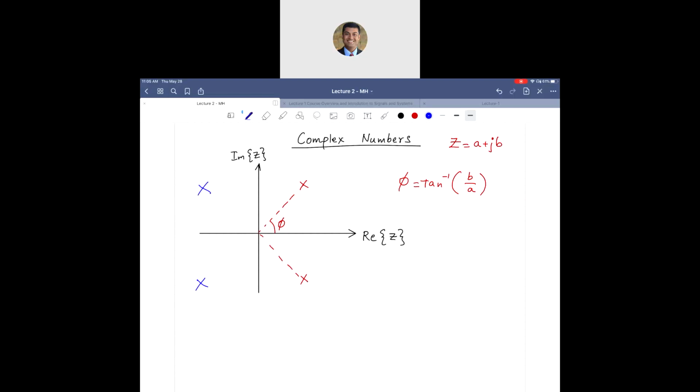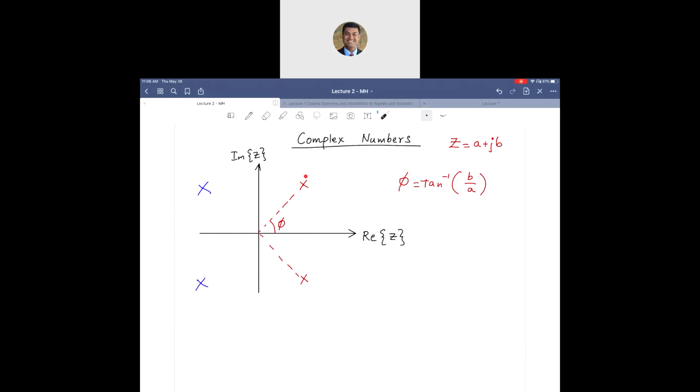I hope you see that both b and a can be positive or negative, which means if one of them is negative or both of them are negative, what would happen?